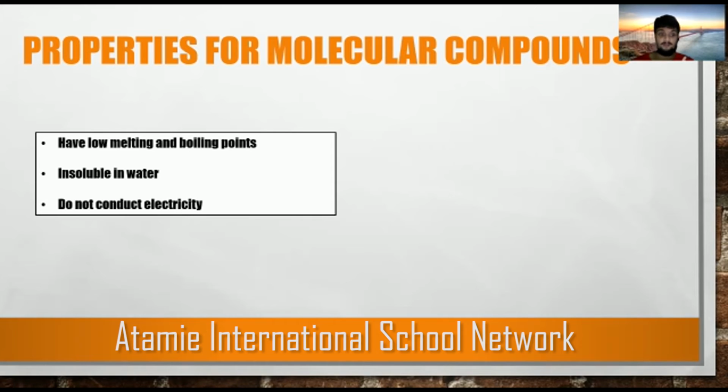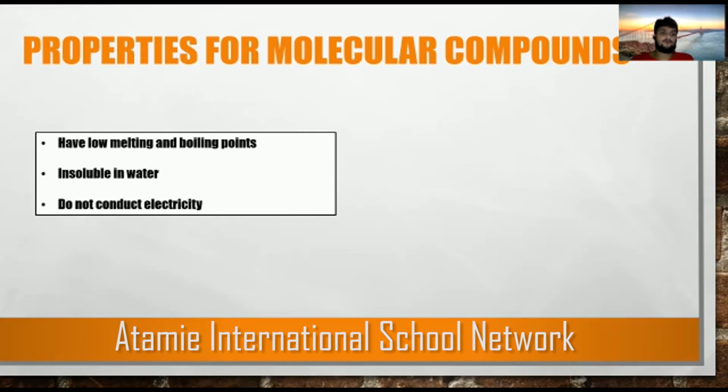When we compare with some other chemical compounds which have absurdly high boiling points, water has a similarly very low melting point and low boiling point. All right. And the other thing is it's insoluble in water.